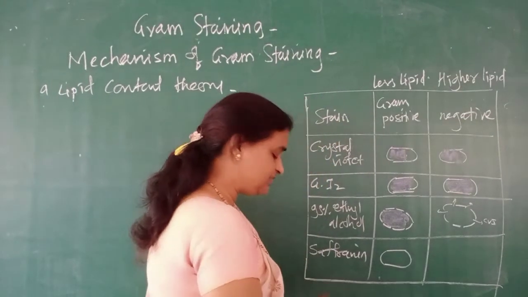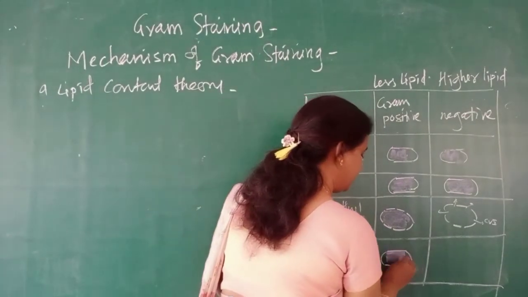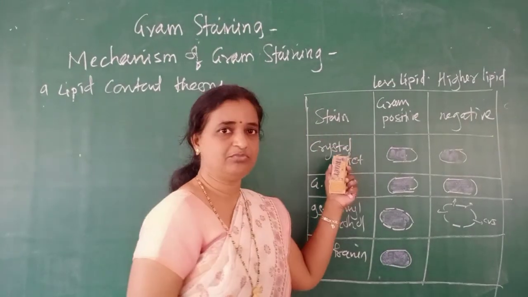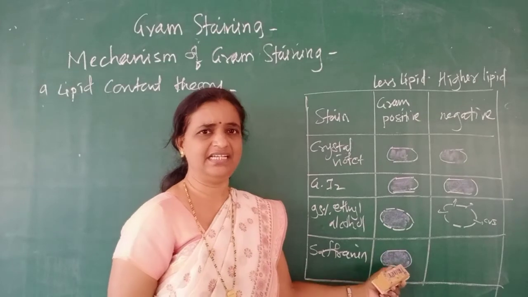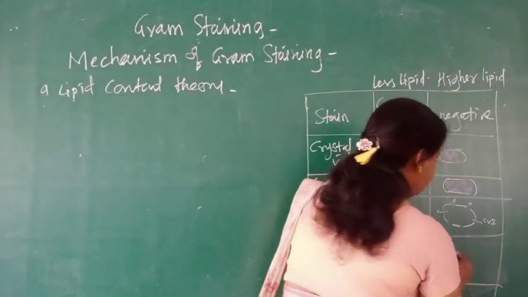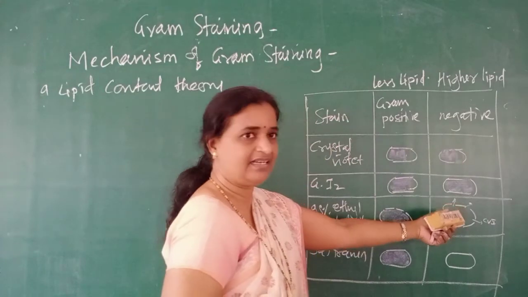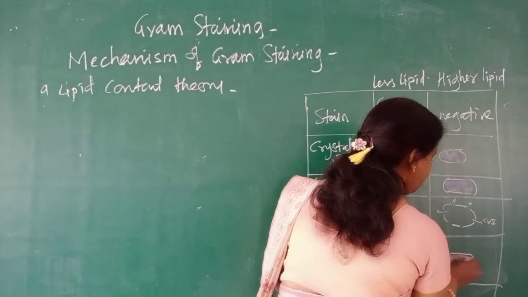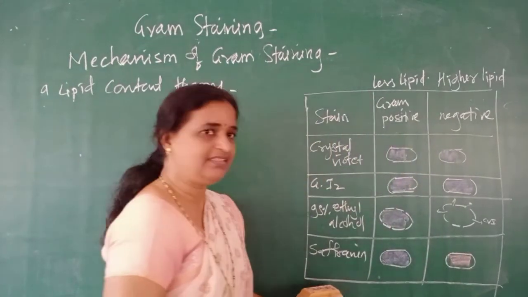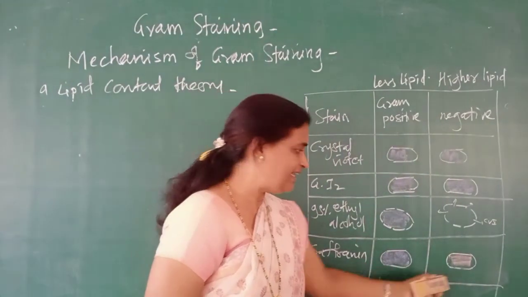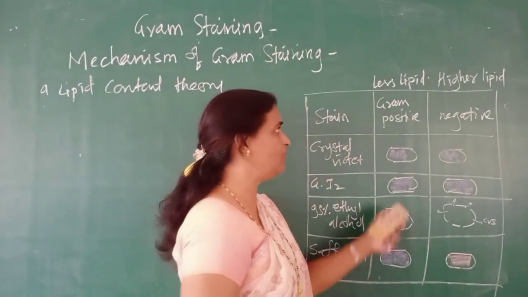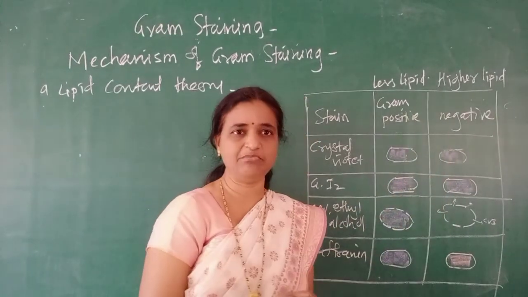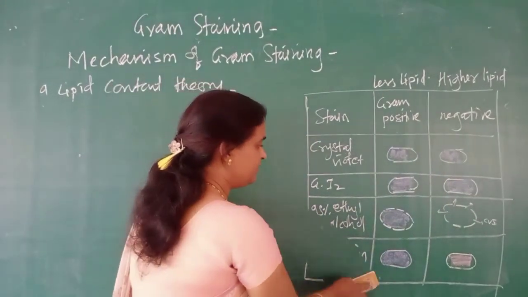Gram positive cells are already violet and do not take up safranin because safranin is less basic; crystal violet is more basic. But gram negative cells, which became colorless in the third step, take the color of safranin. That is how after staining you get violet and pink cells. Violet cells are called gram positive and pink cells are called gram negative. That is the simple mechanism behind the lipid content theory.